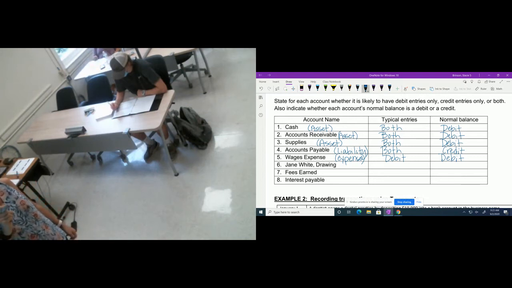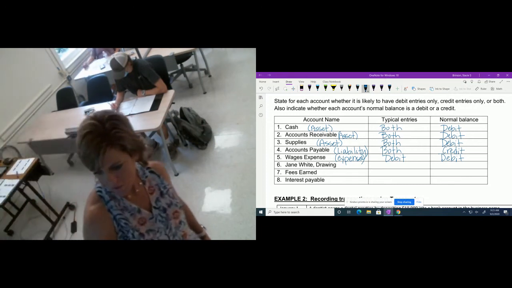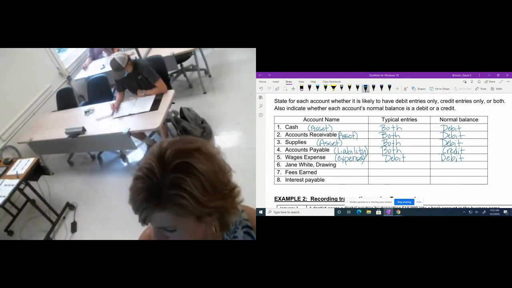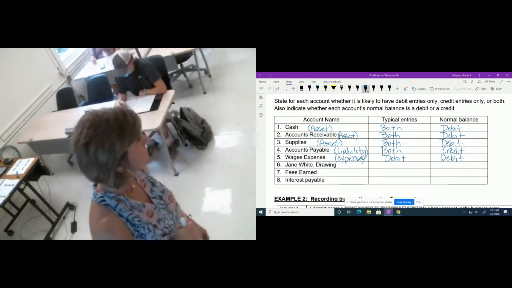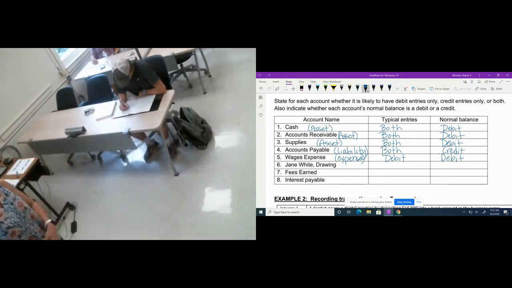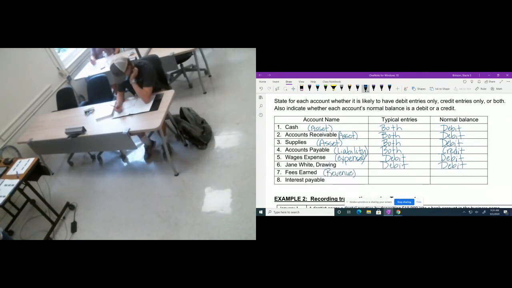It's the increase side. What about fees earned? Okay, so fees earned is what type of account? Owner's equity. Well, it affects owner's equity, but it's actually a revenue account. So you're not wrong. You're just getting real close. It's a revenue account.